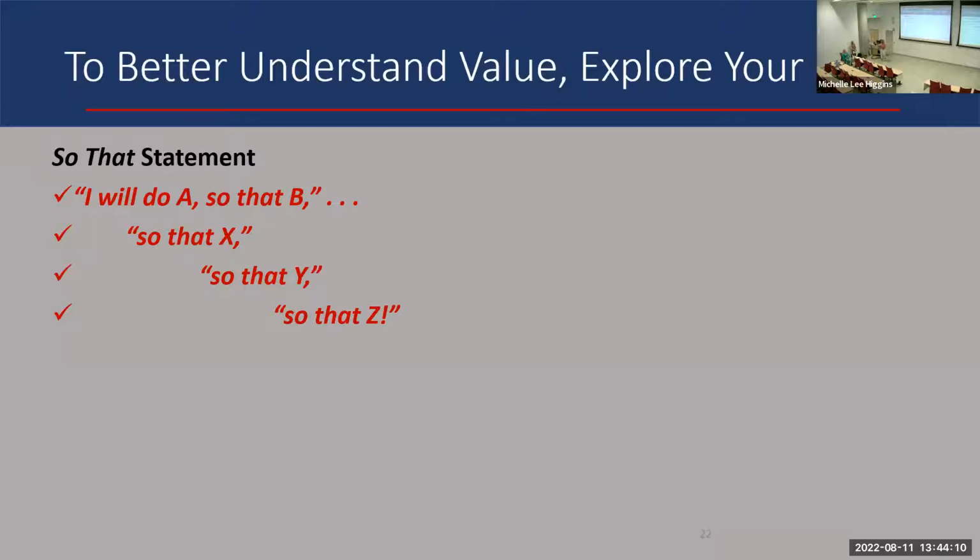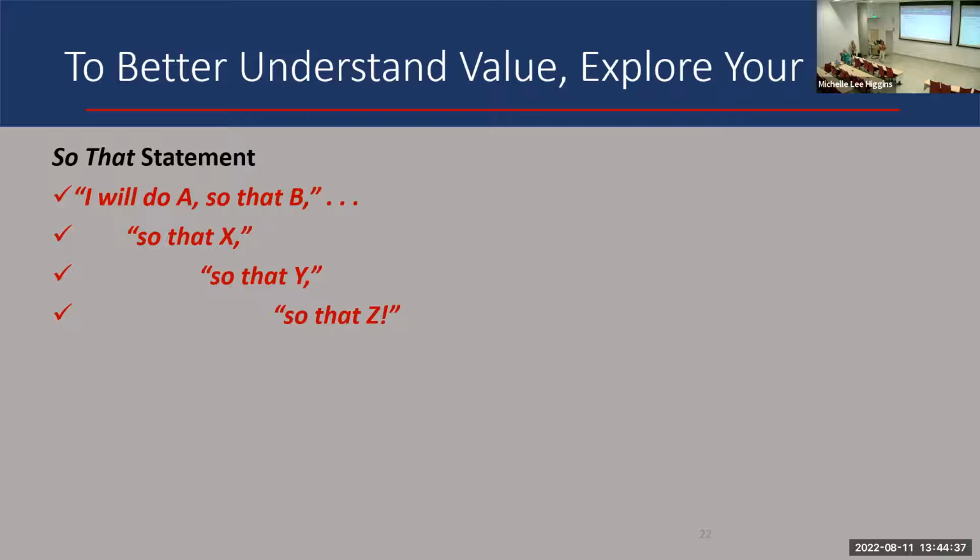So you can think about your research: I do A, so that B, right? And B is done so that C, so that, and you keep going with this long sentence until you get to the very end of, yes, I'm doing this because I want to impact this particular thing.